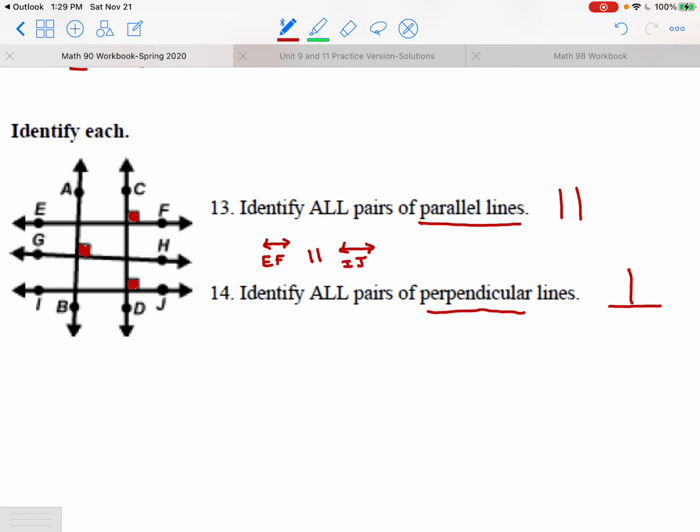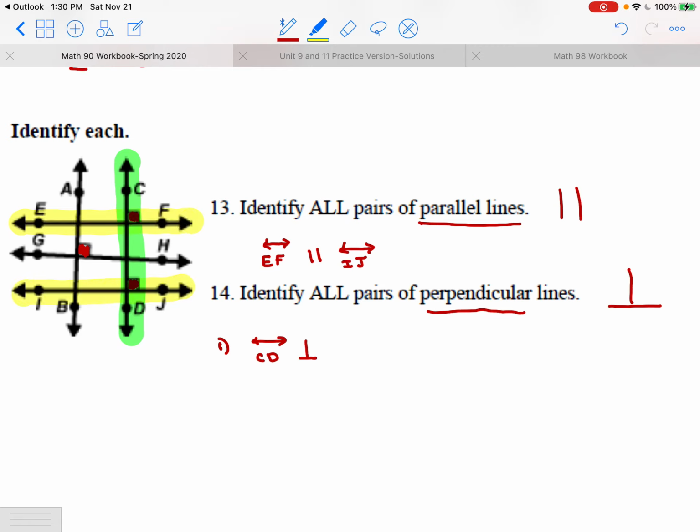We said before that CD hits both lines EF and IJ at 90 degrees. So we can start there. So we will say that line CD is perpendicular to this first line up here, which we had highlighted before. Probably should not have taken that off of there.